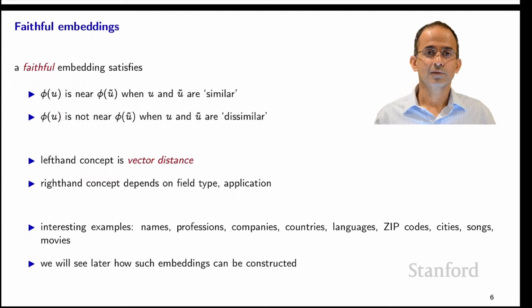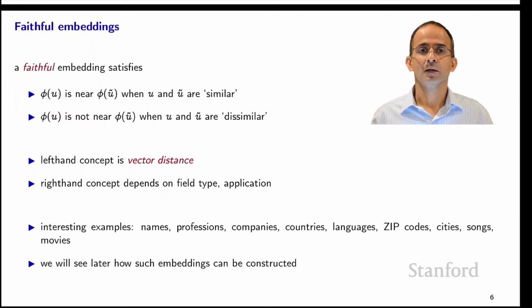And conversely, if phi of u is not near phi of u tilde, well then u and u tilde should be dissimilar houses. And so the geometry and the distances within our vector space should somehow correspond to our intuitive notions of similarity for our underlying raw data.